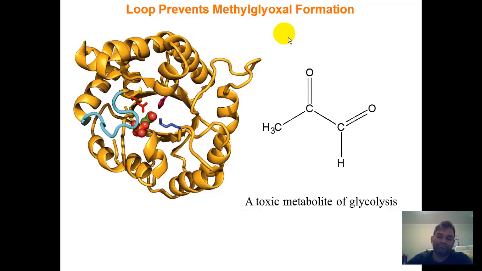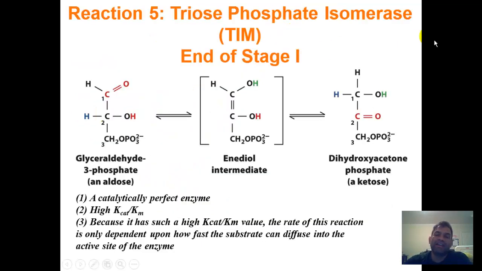So if I were to go back here, dihydroxyacetone phosphate, in some cases of glycolysis, sometimes it will lose that phosphate, and this hydroxyl group gets oxidized to the aldehyde.